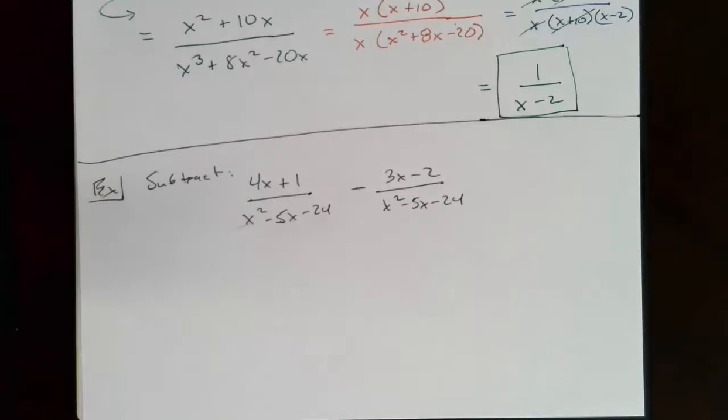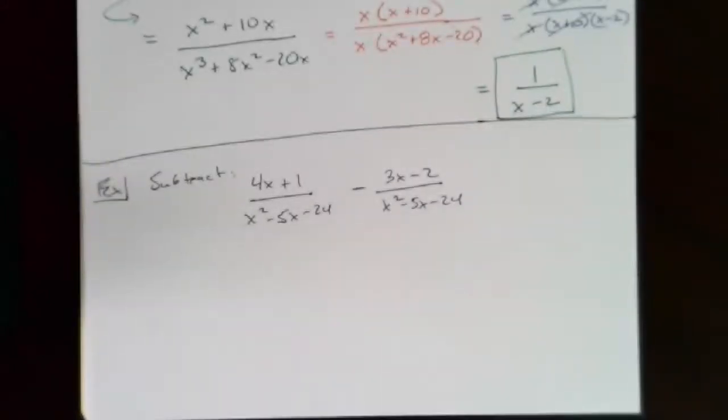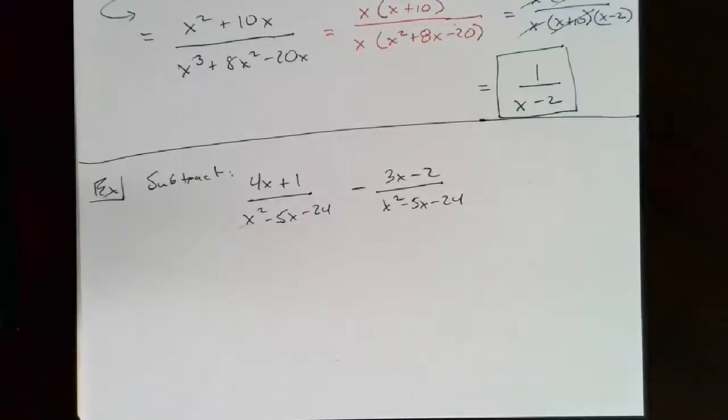So you might want to pause the video here and try it for yourself. It's sometimes helpful to practice this first and then watch the solution after if you feel like you have a grasp of the concept.